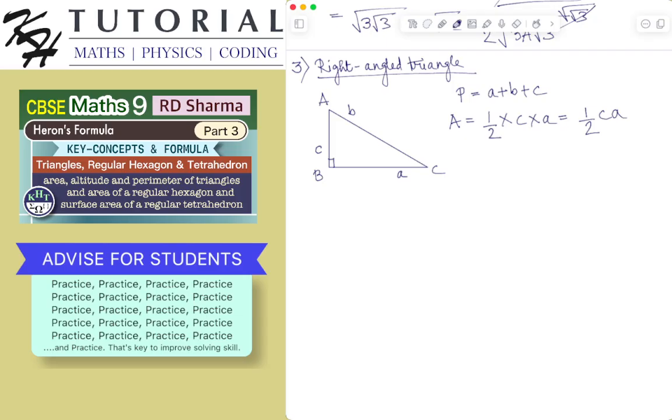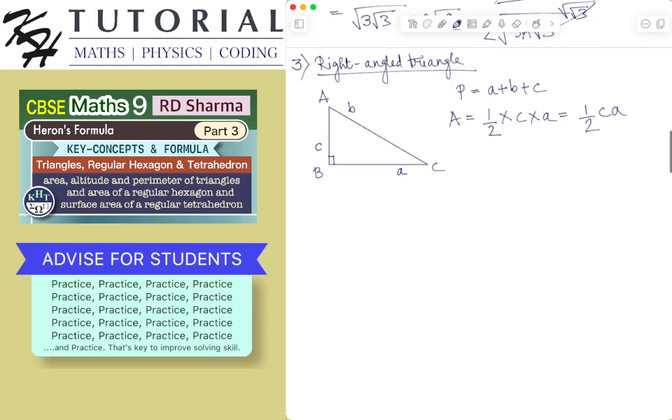Now, two altitudes are definitely c and a, because BC is one altitude and AB is one altitude. The third altitude is, if you draw a perpendicular from the vertex B on the hypotenuse AC, let's say BH.